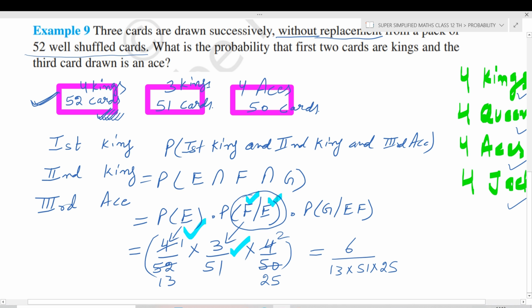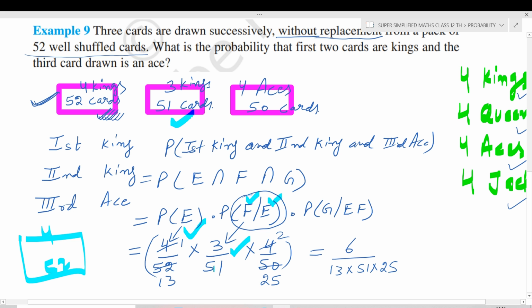But consider the situation, if you had kept the first king card back into the deck, then the second deck would not have had 51 cards. Rather, in the second case, it would have had 52 cards and it would have had 4 kings. And in that case, the probability of occurrence of F would have been 4 by 52 and not 3 by 51.